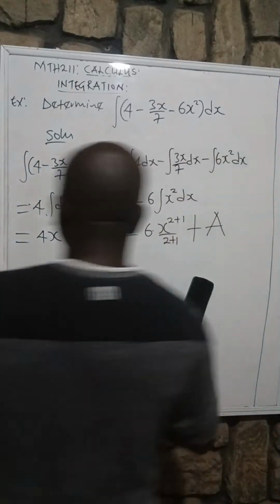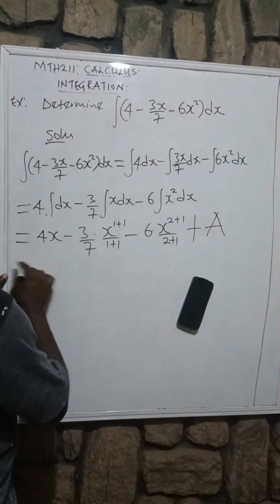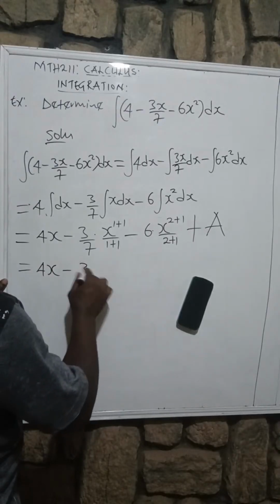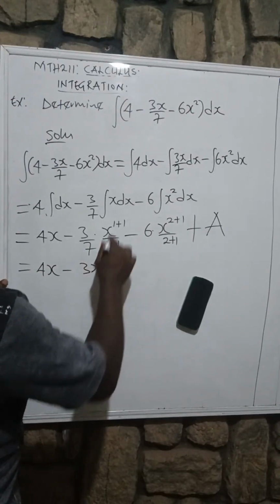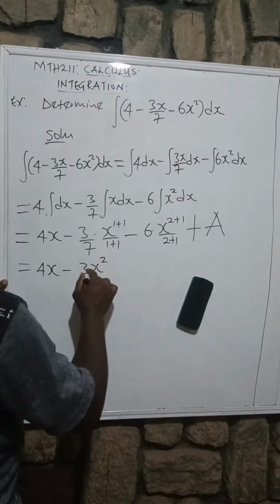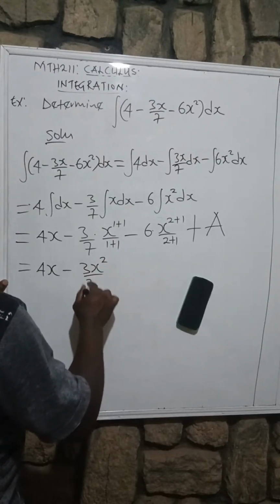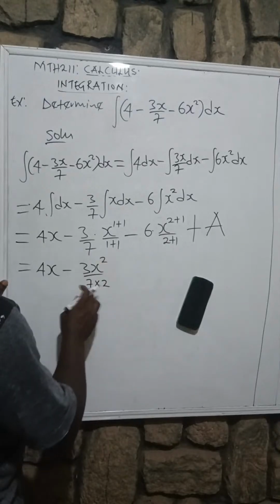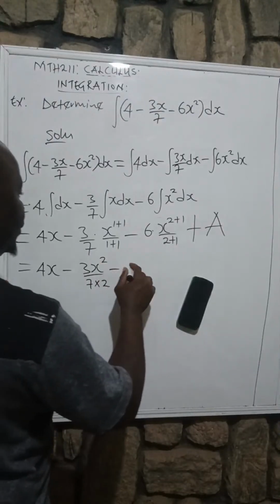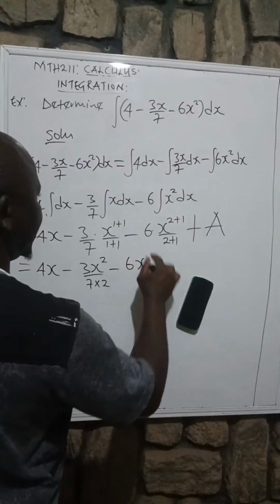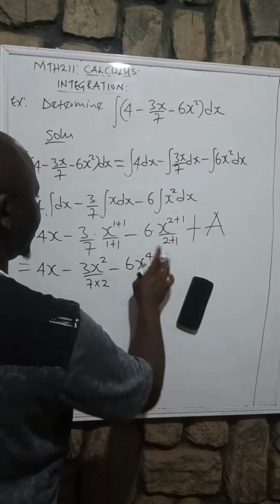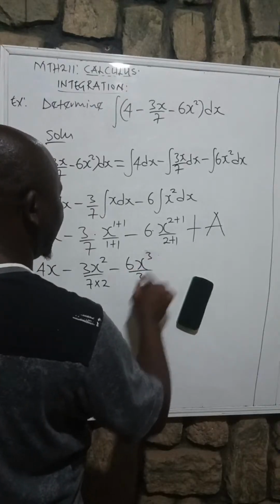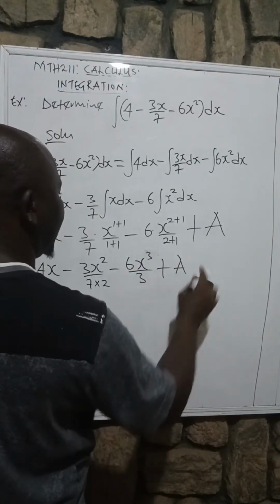So here we are going to have 4x minus 3x squared all over 7 times 2 plus 1, that is 2, times 7. Then minus 6x raised to power 3 all over 3 plus a.